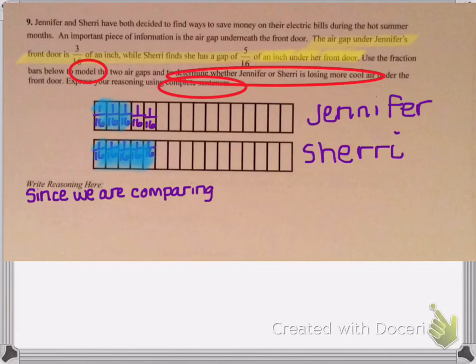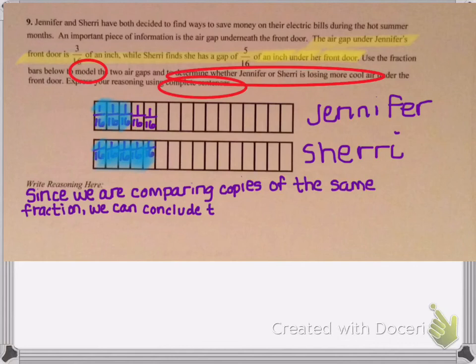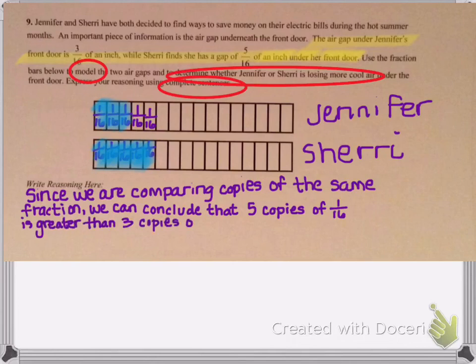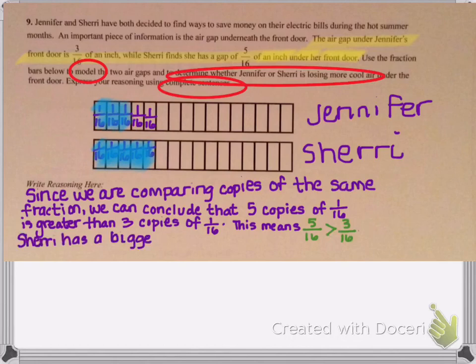Since we are comparing copies of the same fraction, we can conclude that 5 copies of 1/16 is greater than 3 copies of 1/16. This means that 5/16 is greater than 3/16. Sherry has a bigger gap, so she is losing more cool air.